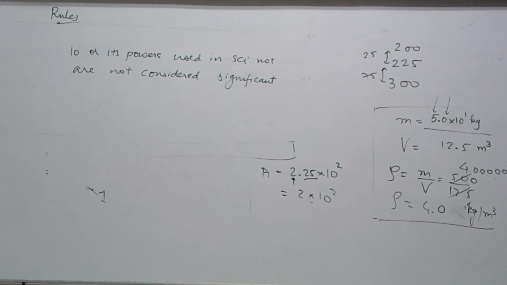The reason is that this is just used to multiply or divide. 10 raised to 1, 2, 3, 4 is just about writing zeros in another form. That's why we never consider it significant. Once again, if someone says that we have the number 2.3 into 10 raised to 5, how many digits are significant?